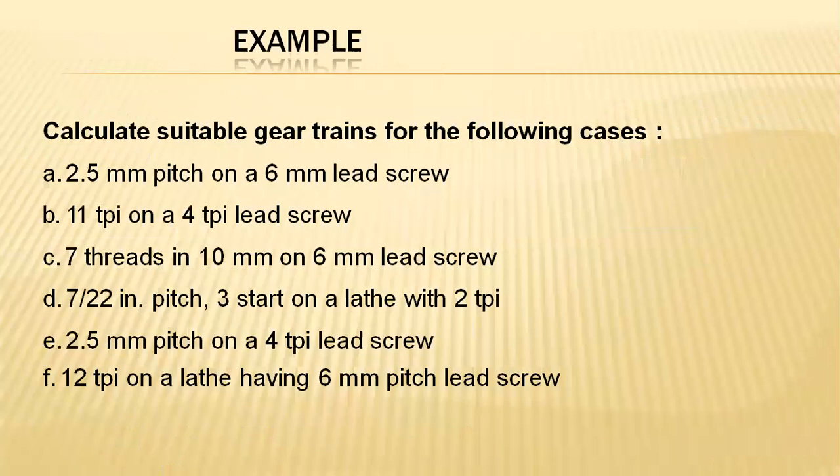Seeing one of the best examples, calculation of the suitable gear trains for the following cases. There is 2.5 mm pitch on a 6 mm lead screw.